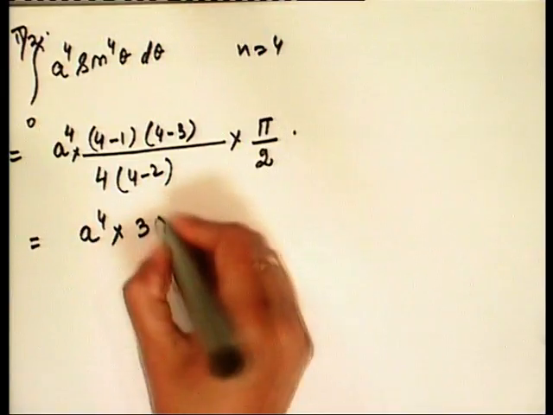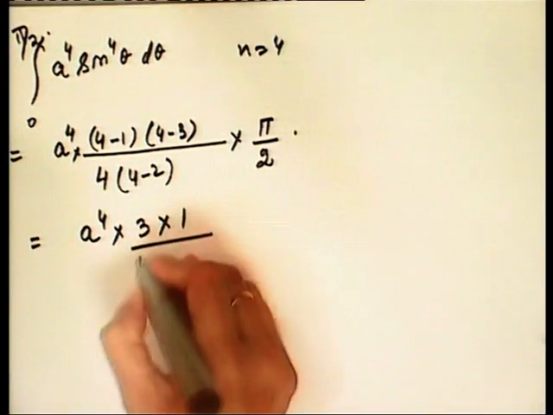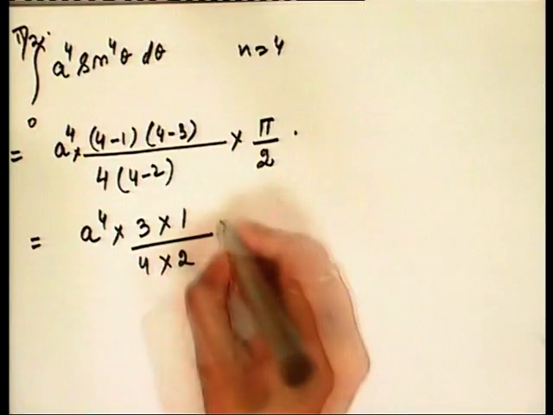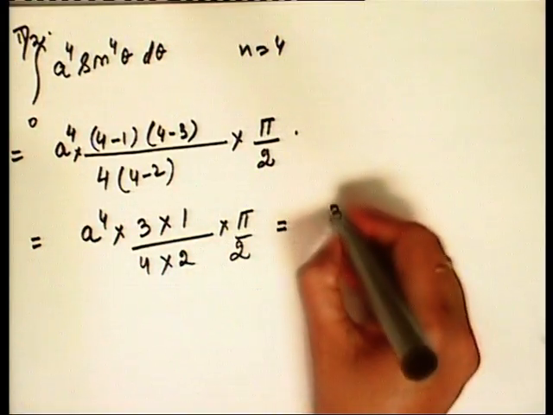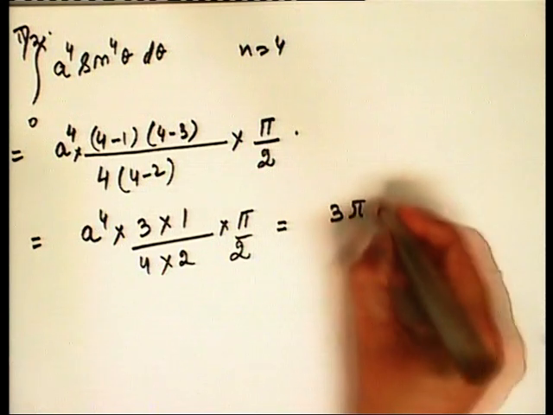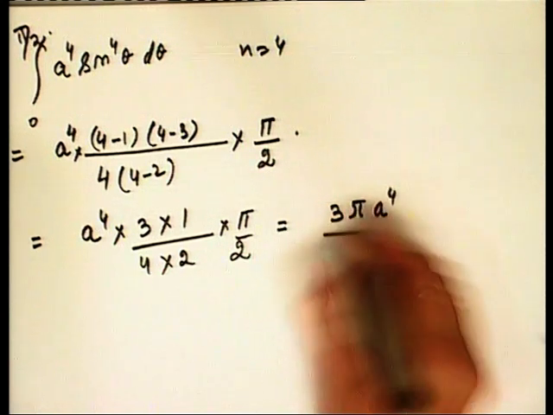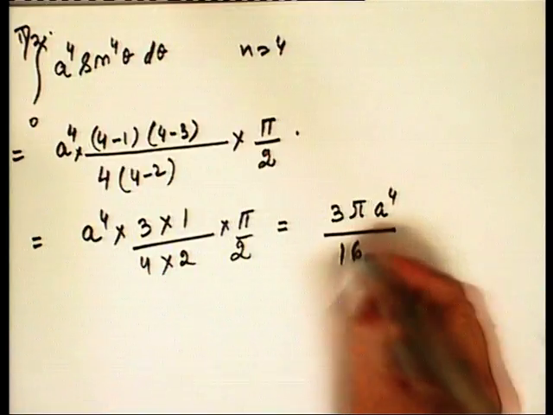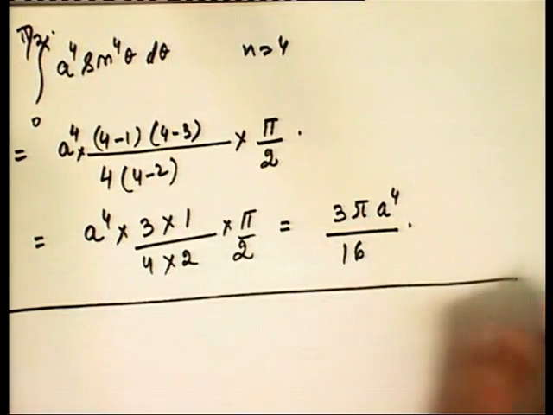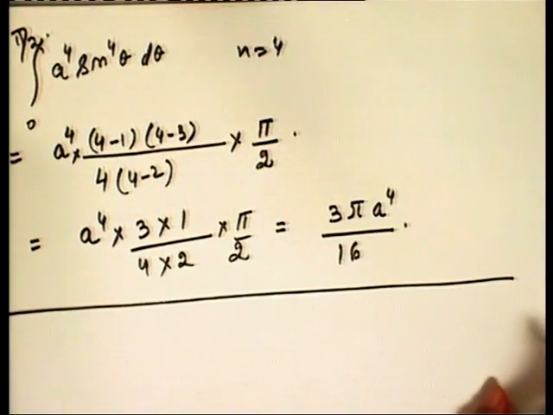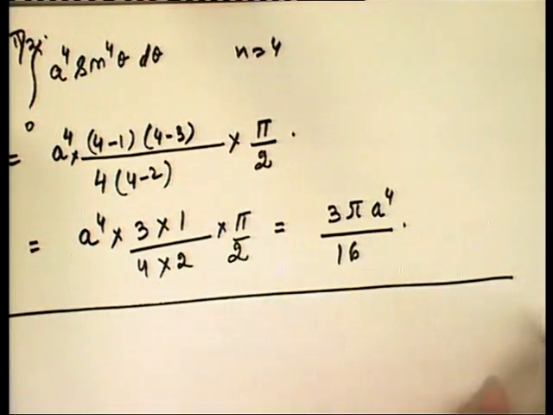So 3 times 1 over 4 times 2, times pi by 2, gives 3 pi A4 over 16. So this is the formula when our n is an even integer.